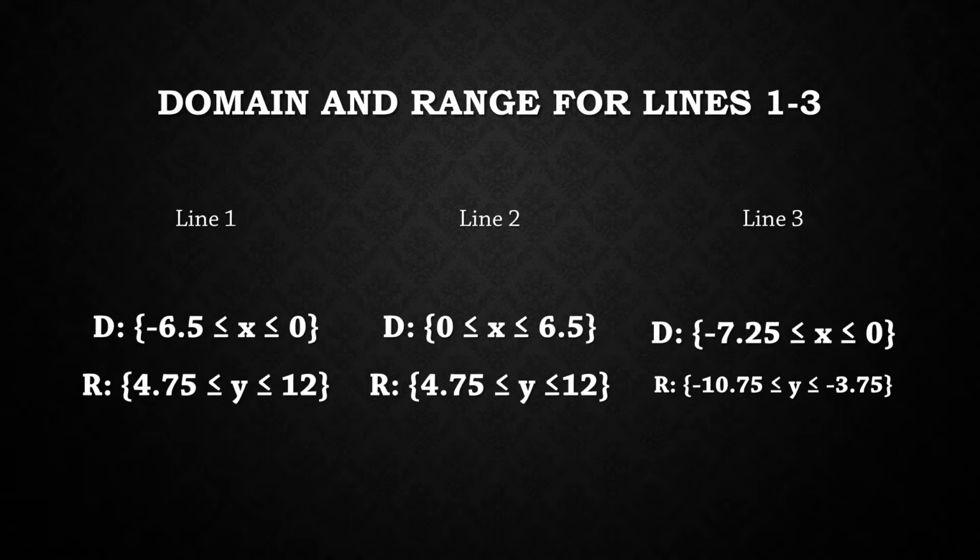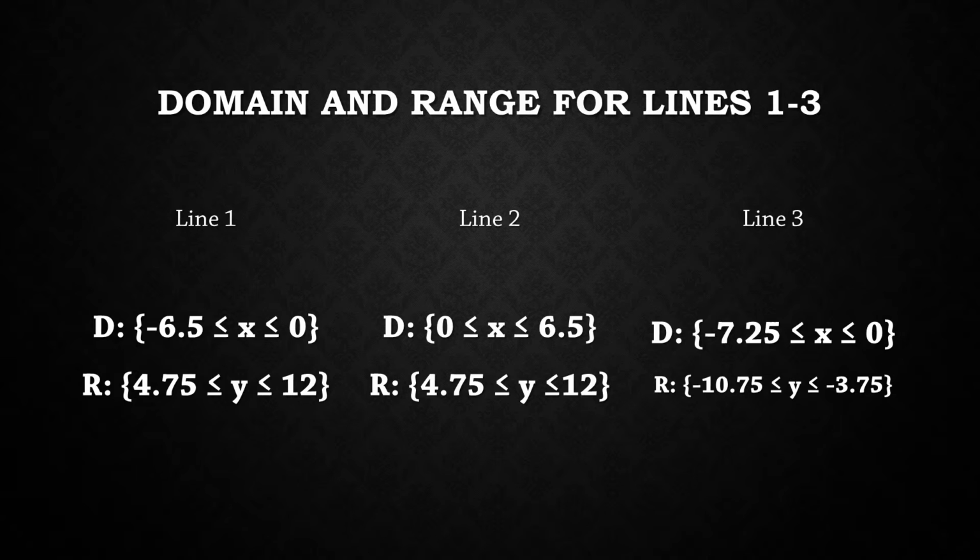For the range, 4.75 is less than or equal to y is less than or equal to 12, because 4.75 was the least and 12 was the greatest y value. In line 3, the domain is negative 7.25 is less than or equal to x is less than or equal to 0, because, once again, negative 7.25 was the least x value and 0 was the greatest in line 3.